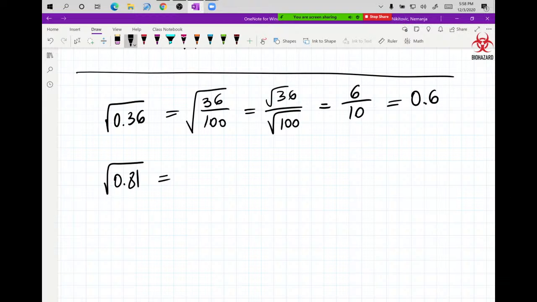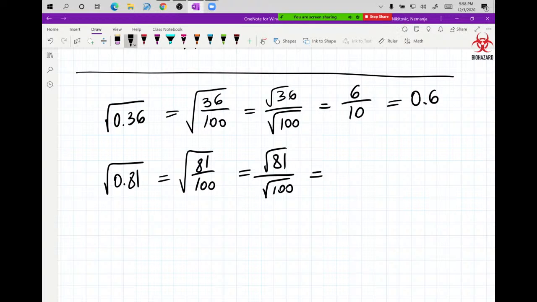Would it be square root of 81 over square root of 100? I'm sorry, can you repeat that? Because it was very difficult to... Would it be square root of 81 over square root of 100? Excellent. So square root of 81 over 100, and you already gave me that it's a square root of 81 over square root of 100.